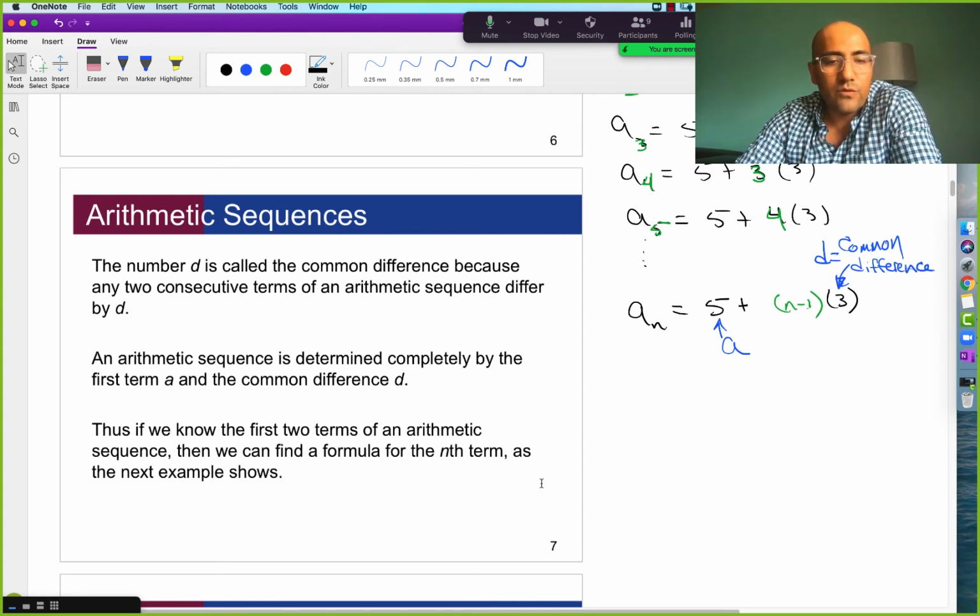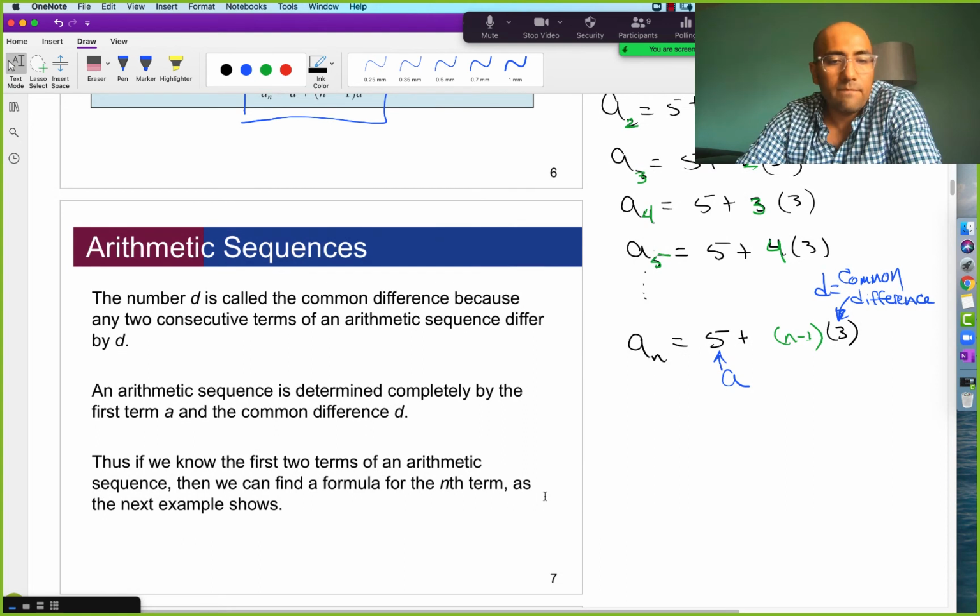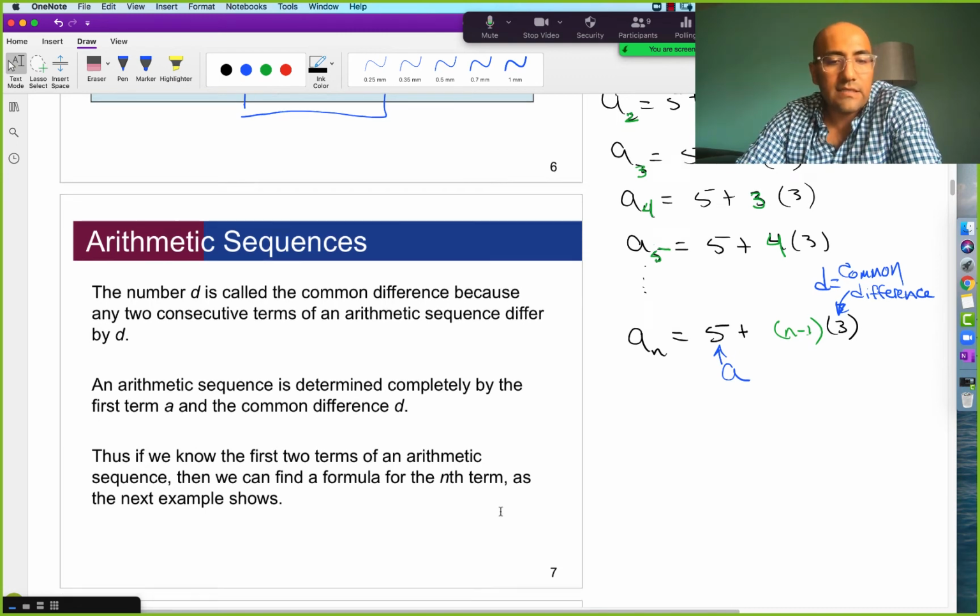And you can write down the closed formula for it, because all it needs is A, the initial value, and D, the common difference. Okay. Thus, if we know the first 2 terms of an arithmetic sequence, then we can find the formula for the nth term, as the next example shows.